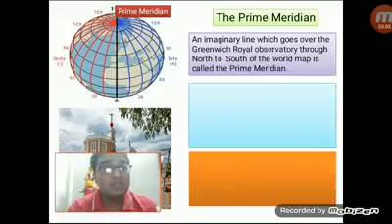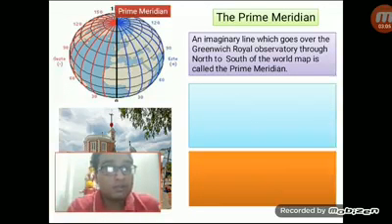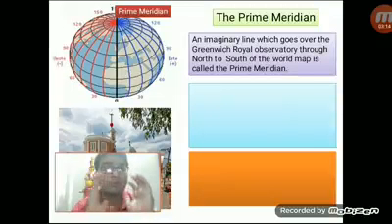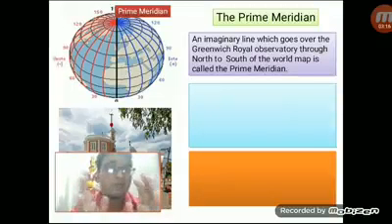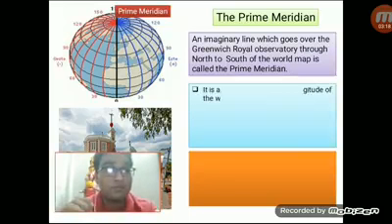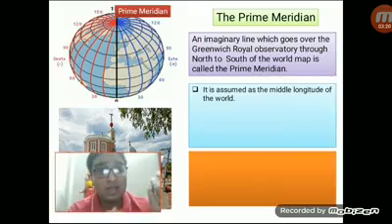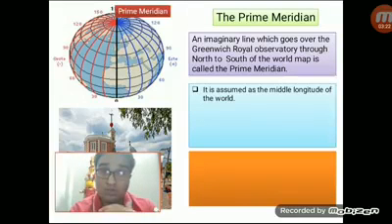An imaginary line which goes over the Greenwich Royal Observatory through north to south of the world map is called the prime meridian. Now I'm going to show some information regarding the prime meridian. First of all, it is assumed as the middle longitude of the world.